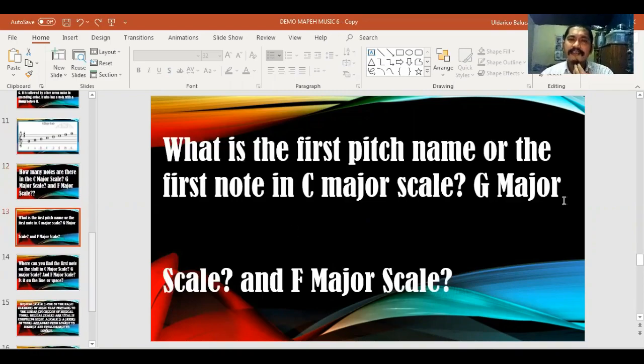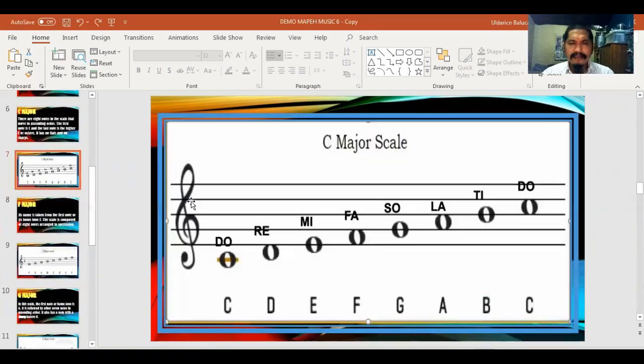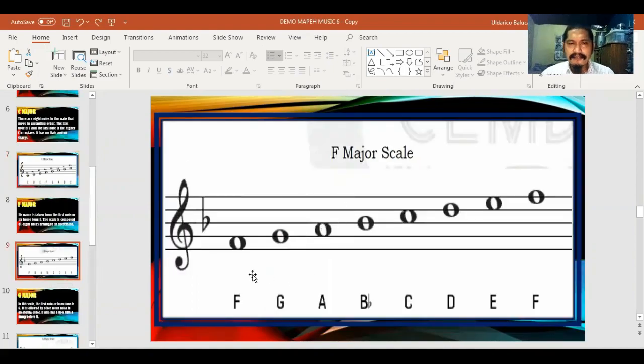What is the first pitch name or the first note in C major scale, G major scale, and F major scale? So on the C major scale, the first pitch name is, of course, C. On the F major, the first pitch name is F. Ito.